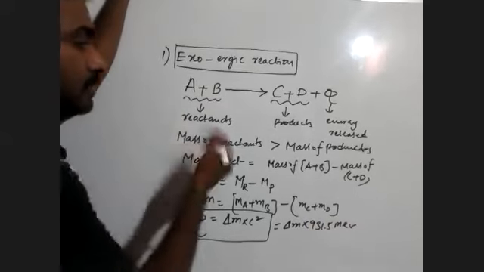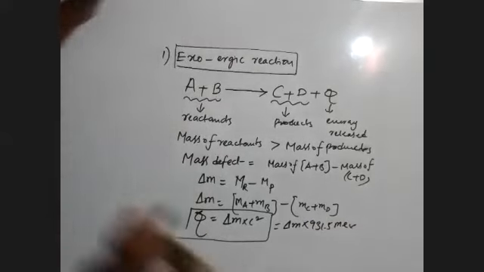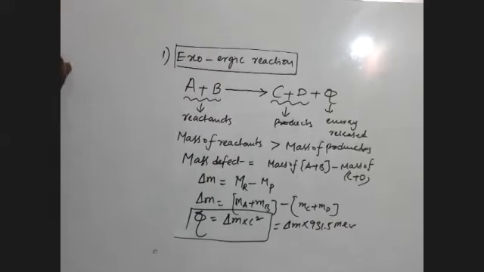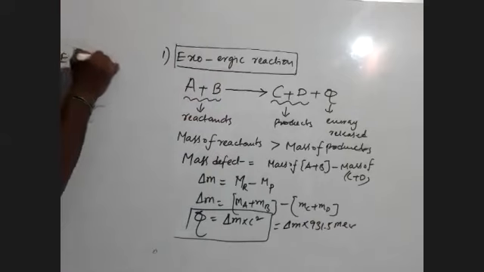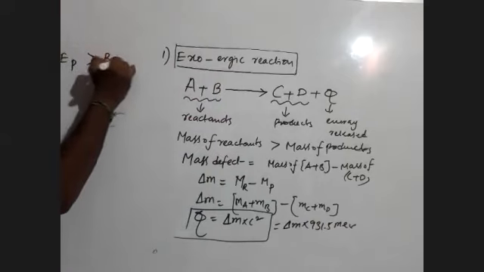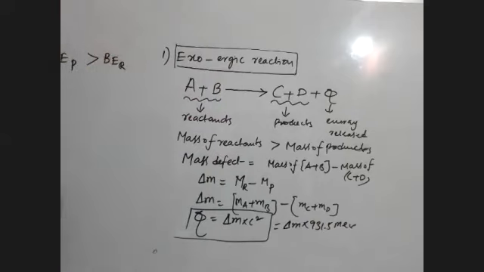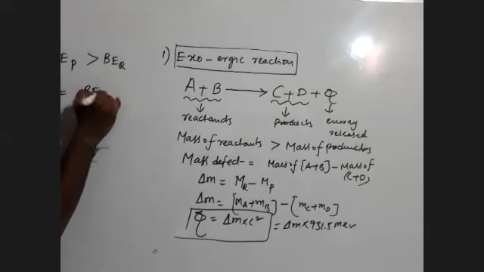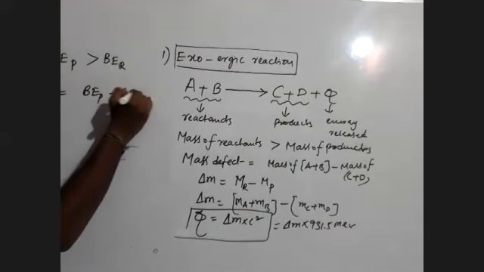In this case, the binding energy of products will be greater than the binding energy of reactants, because here you will get more energy and here you will get less energy. So the energy released you can also write as binding energy of products minus binding energy of reactants.